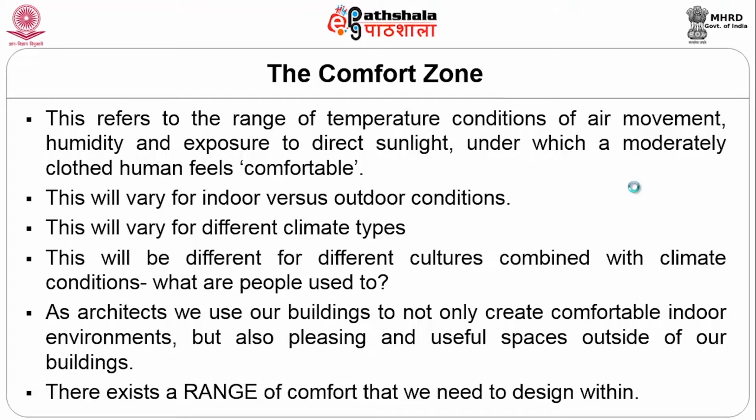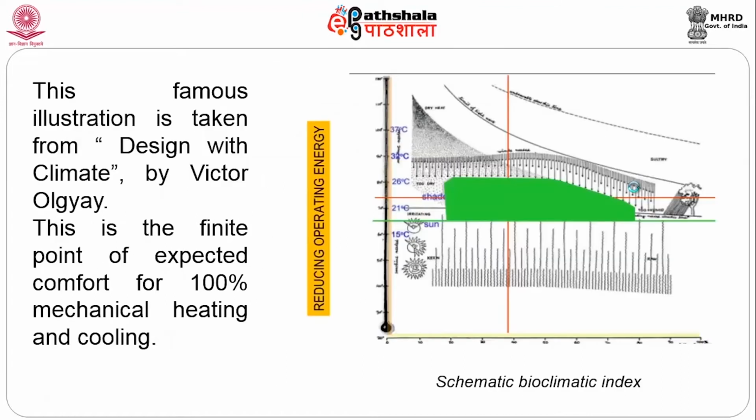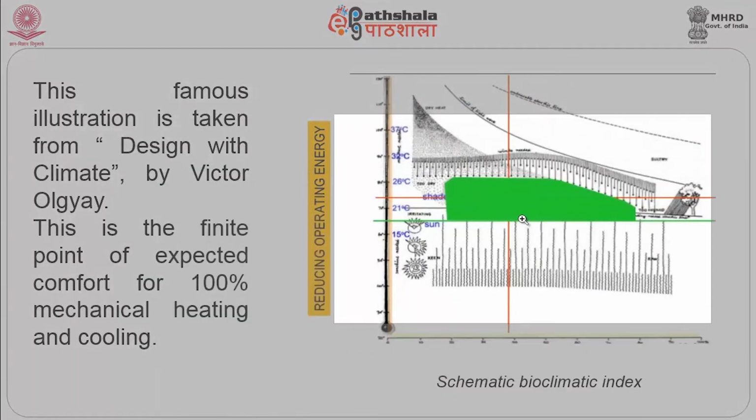So, your building, like we discussed, has to be like a moderator. It has to be just a transient space for the user from the exterior environment. This is from a famous illustration, Design with Climate by Victor Olgyay. This is the finite point of expected comfort for 100% mechanical heating and cooling. So, if you actually look at this diagram over here, it's like a graph.